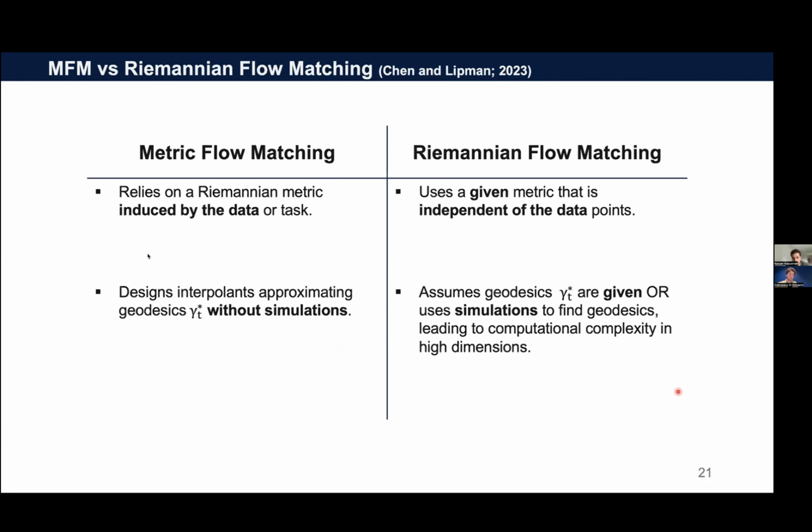So at most twice the complexity. In contrast, the complexity of Riemannian flow matching stays the same only if the closed-form solutions of geodesics are given. Otherwise, if we have a manifold without closed-form geodesics, the algorithm requires costly simulations. Yeah, and again, just to stress, I believe that from both of these points also follows different applicability.